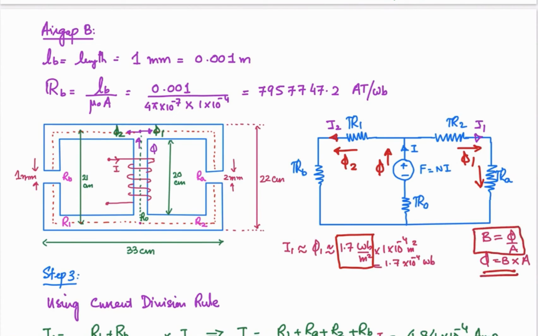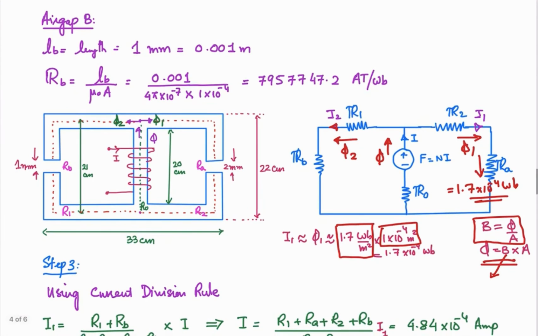So flux will be B into A. This B is known to us, it should be 1.7 Weber per meter square, into the cross sectional area, which is known, 1 into 10 raised to power minus 4 meter square. So the flux over here should be equal to 1.7 into 10 raised to power minus 4 Weber. This is the flux that is required in this branch to establish the required flux density, right?